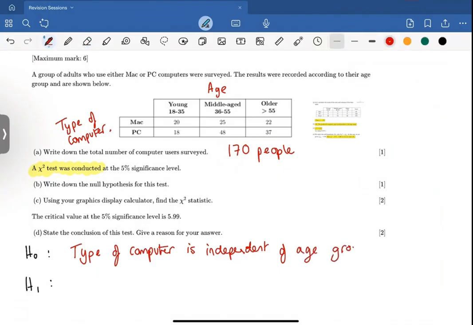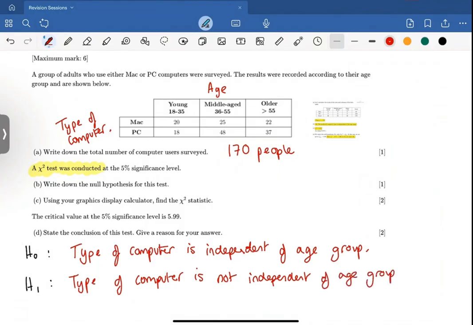So there's no relationship between them. And our alternative would be that the type of computer is not independent of age group. So, for example, there might be a load of middle-aged people that use PC, and that might really sway the data.